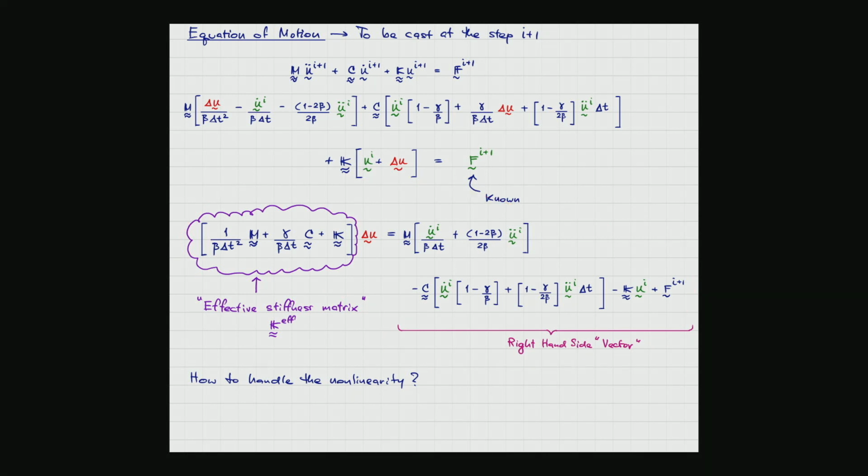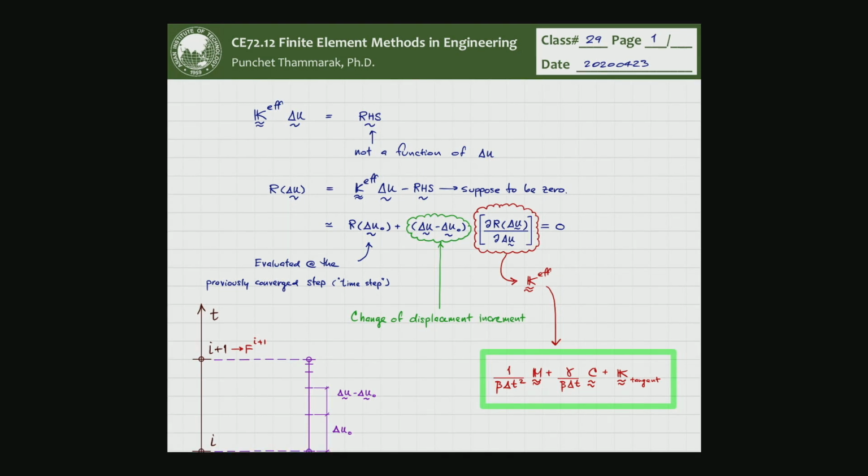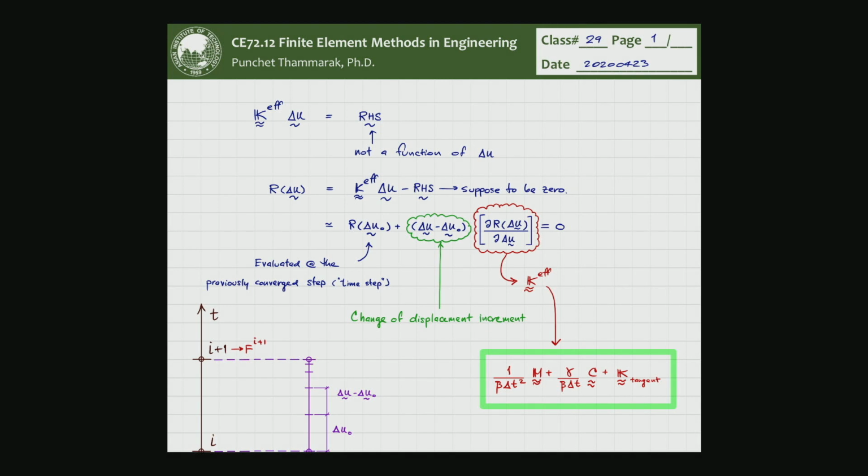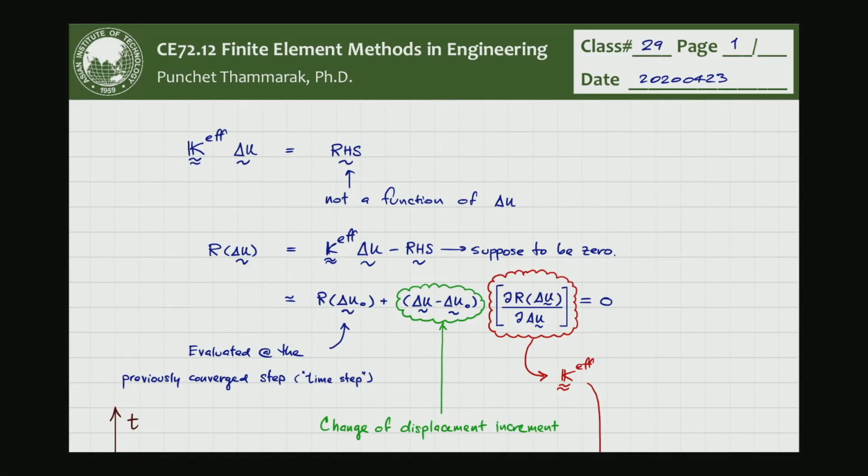But if we opt for something more complicated, if the issue is about nonlinearities, the next page is coming in. So I call these two parts the K effective, and the right hand side I call the RHS. And this RHS is a function of other things.